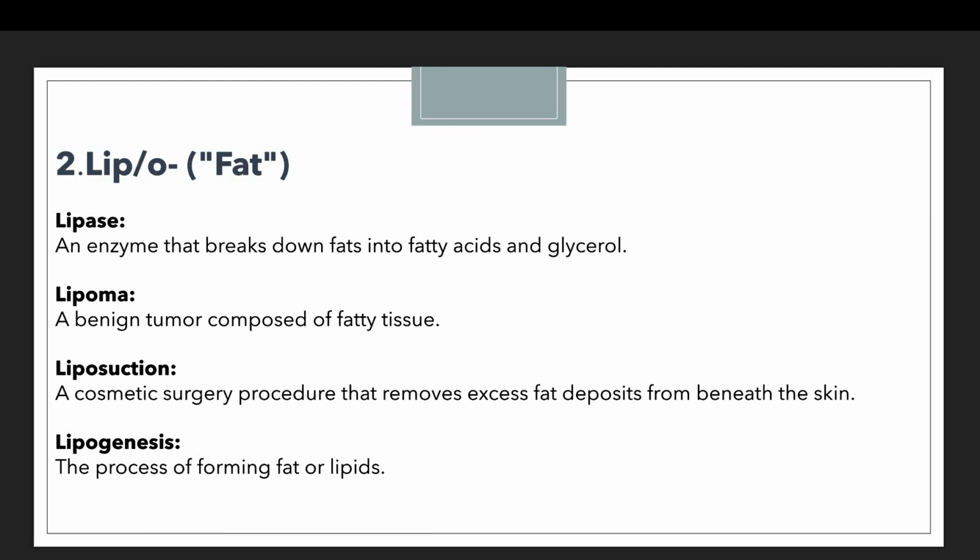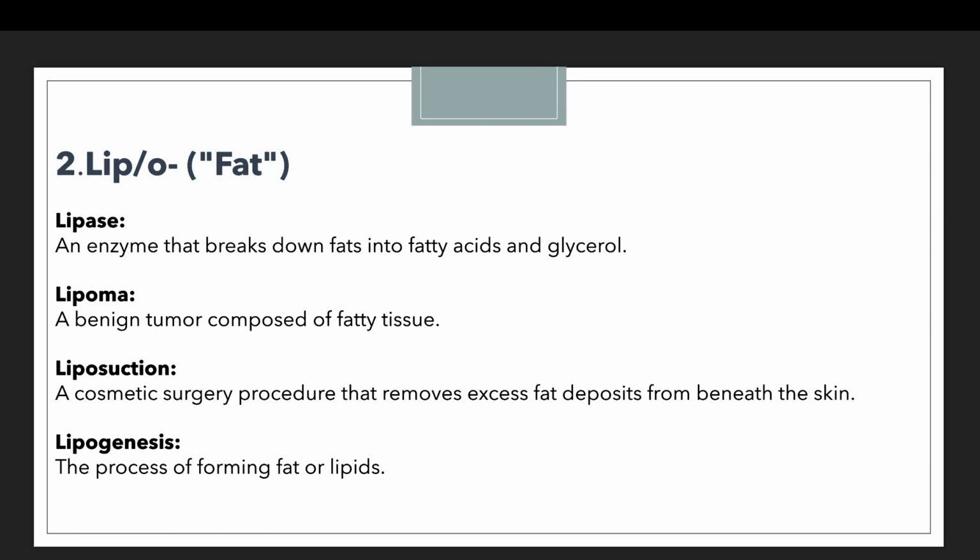If the process starts forming fat or lipid, then this entire process is known as lipogenesis. Again, if you look at all the examples, you will find only one common thing, which is fat. Everywhere in these four examples we are talking about fat, and that's why we are using the prefix lip or lipo. So likewise, you can study more terminology related to the prefix lipo.